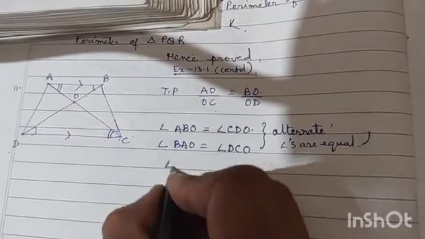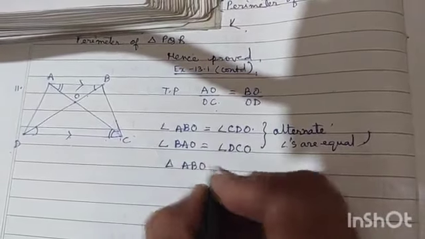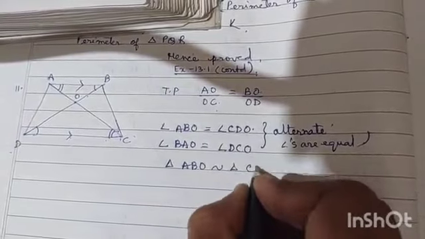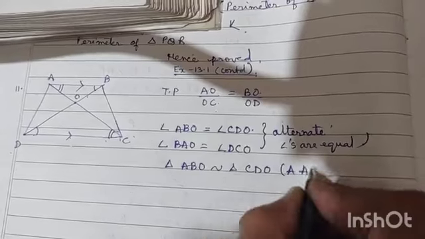Okay, so triangle ABO becomes similar to triangle CDO by AA property.